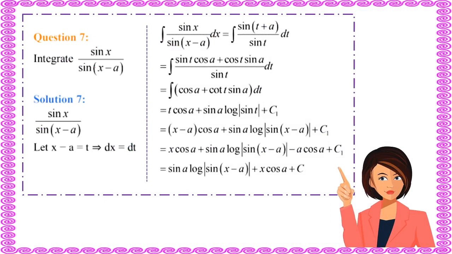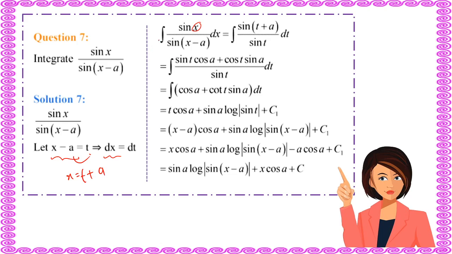Question number 7, sin x upon sin of x minus a. We are assuming x minus a as t. Dx is equal to dt, right? We take the derivative, dx is equal to dt, a is the constant so its derivative will be 0. Now what is x? x is t plus a.